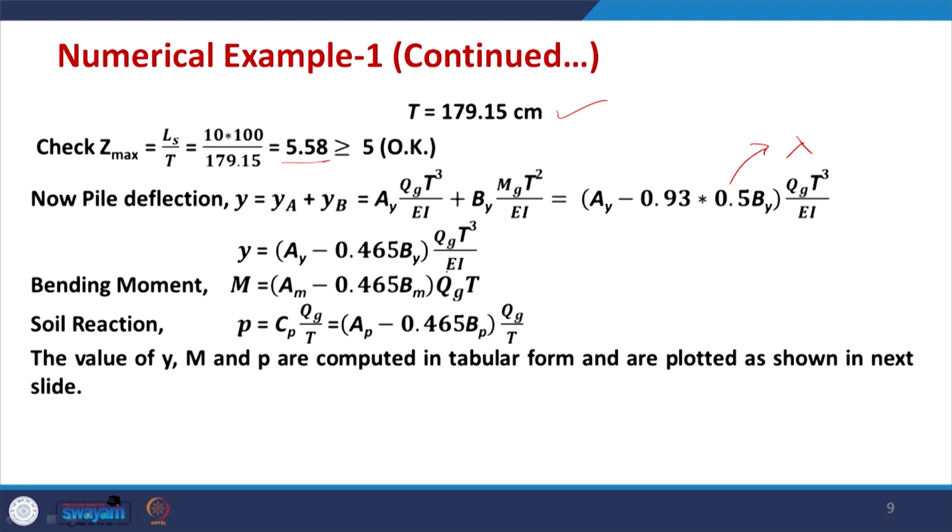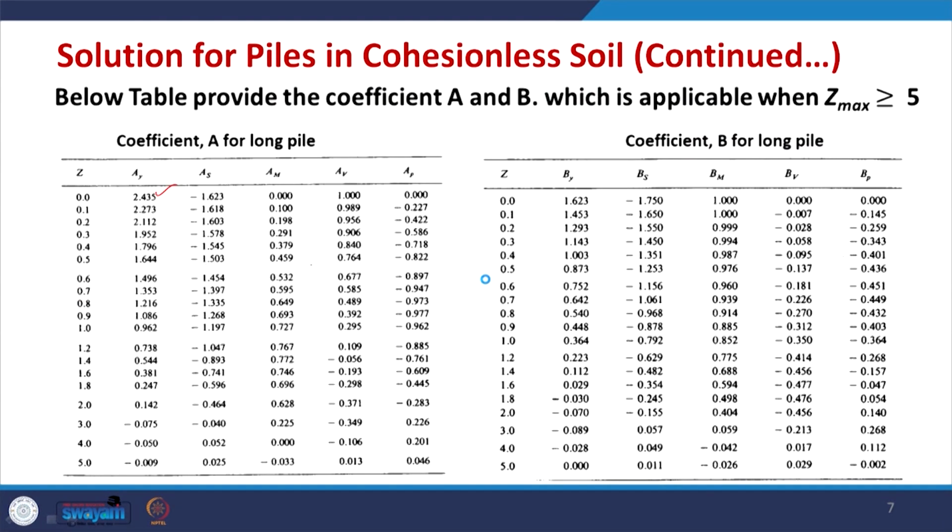Similarly, bending moment m can also be calculated from this equation, and soil reaction can also be calculated from this equation. Here you need to understand that the values of Ay, By, Am, Bm, Ap and Bp are all varying with the depth, they are not constant with the depth, and they vary according to this table.